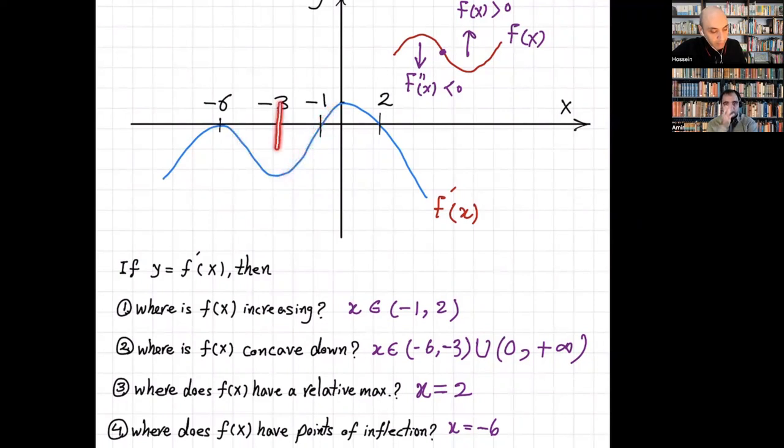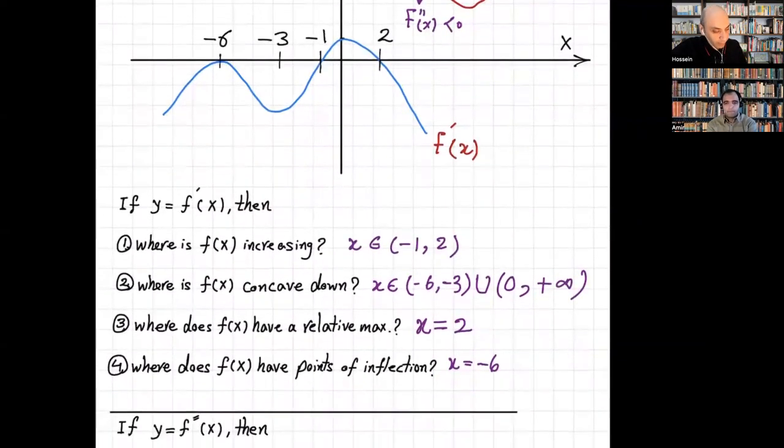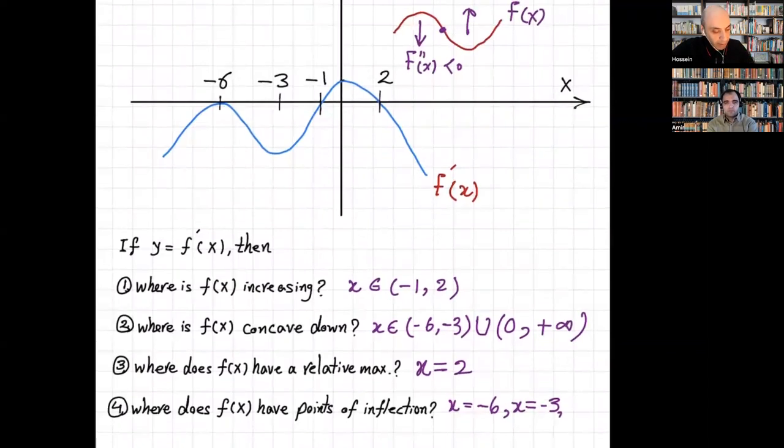So at x equals -3, here we have a change of curvature. And then again, we have a positive slope before x equals 0 and negative slope after that. So x equals 0 is another point of inflection.